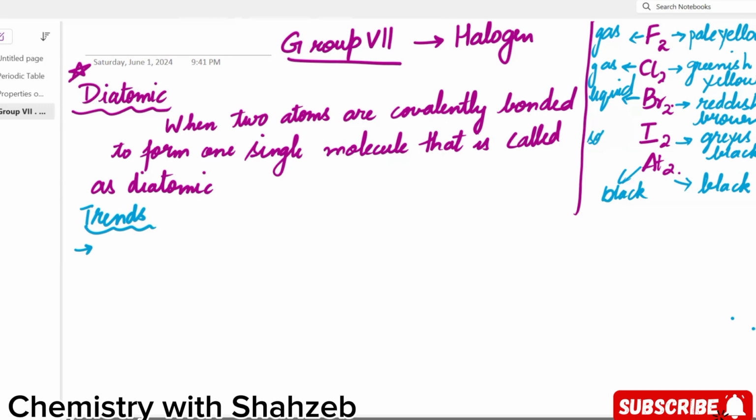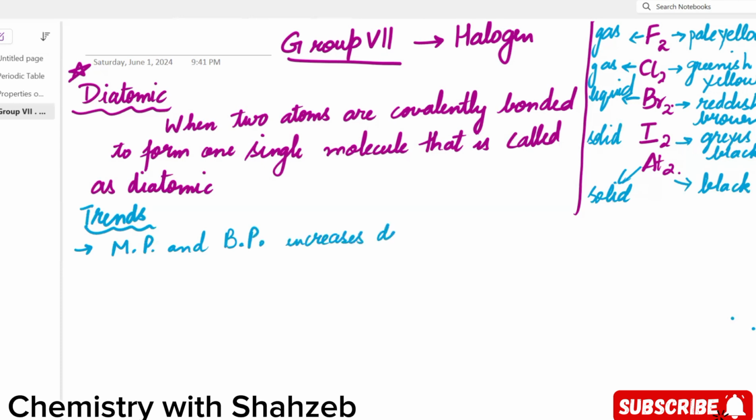We have to discuss its state here, and that is also in solid state. So we can see that elements are changing from gas to solid state. So we can say that melting point and boiling point increase down the group.